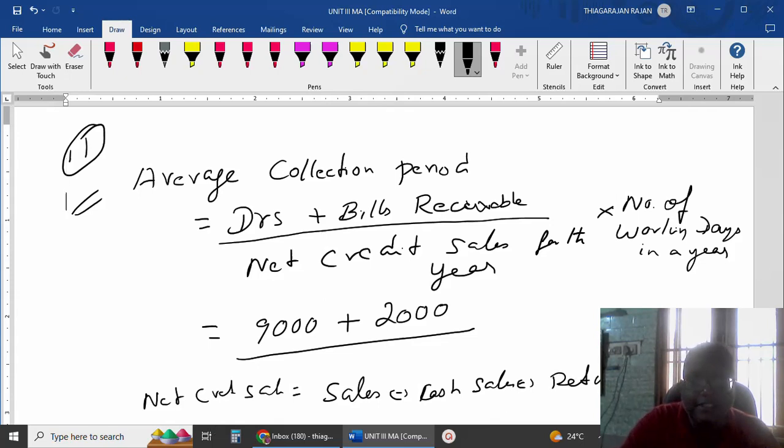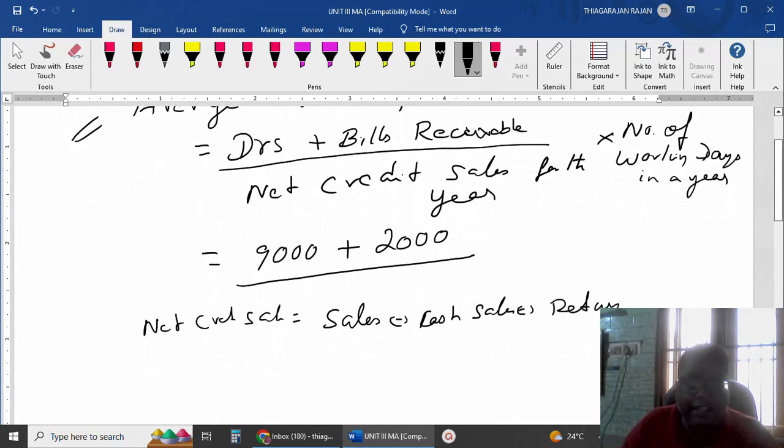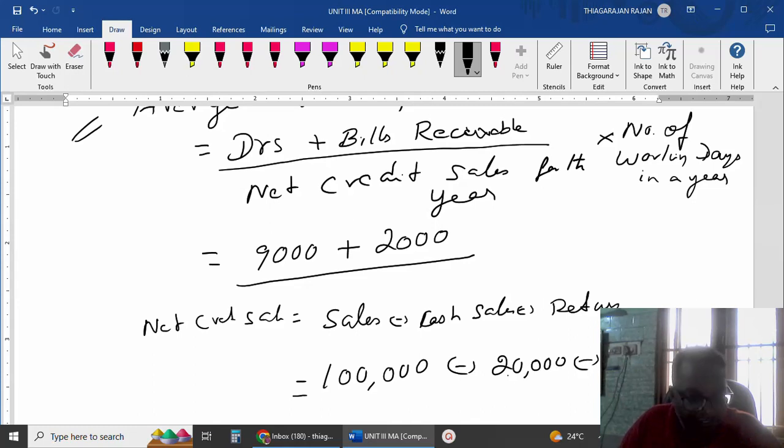In this sum, gross sales is 1 lakh, minus cash sales 20,000, minus return 7,000, which is 1 lakh minus 27,000. How much are you getting? 73,000 is the net credit sales.